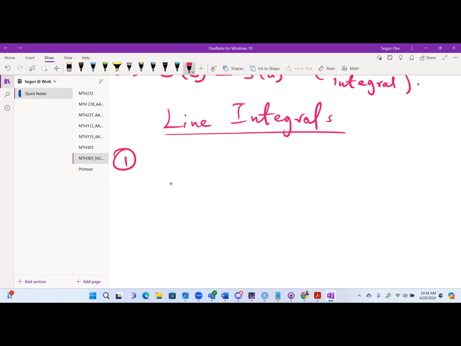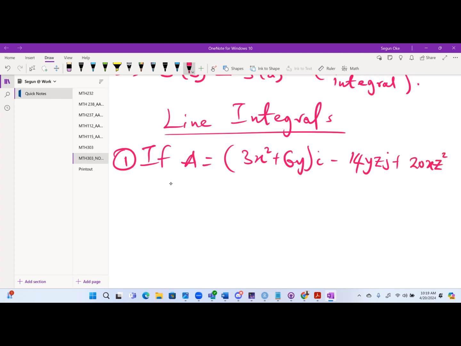Let's say example 1. If A equals 3x squared plus 6y i minus 14yz j plus 20xz squared k. Evaluate. You've seen this question before now.